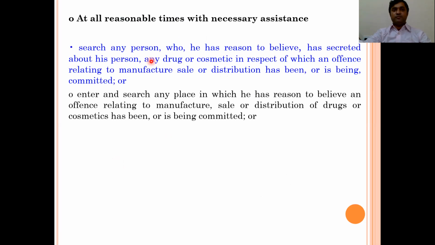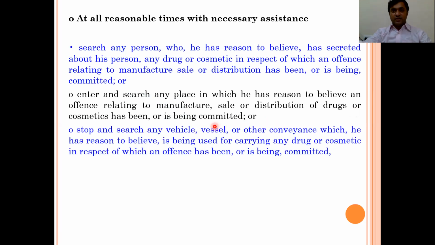He can search any person who he has reason to believe has secreted about his person any drug or cosmetic in respect of which an offense related to manufacture, sale or distribution has been or is being committed. And he can enter and search any place in which he has reason to believe that an offense relating to manufacture, sale or distribution of drugs or cosmetics has been or is being committed.